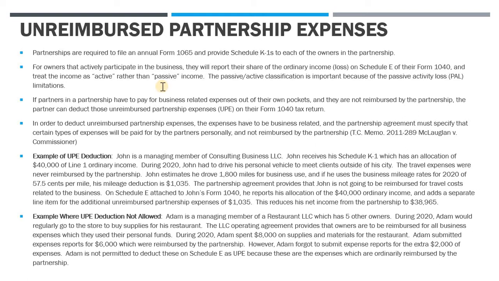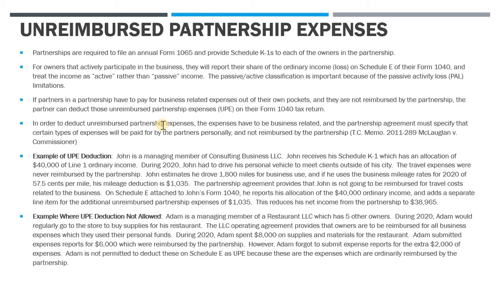Now, it's actually quite common for partners in a partnership to pay for business-related expenses out of their own pockets. And then what often will happen is maybe the partnership will reimburse them. So you pay for an expense, submit an expense report to the partnership, and you get reimbursed. But there are circumstances where you would pay for expenses that are business-related, but you do not get reimbursed by the partnership.